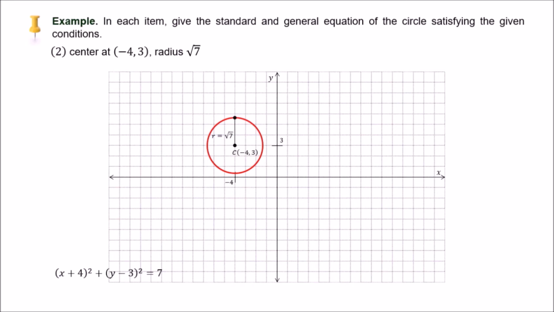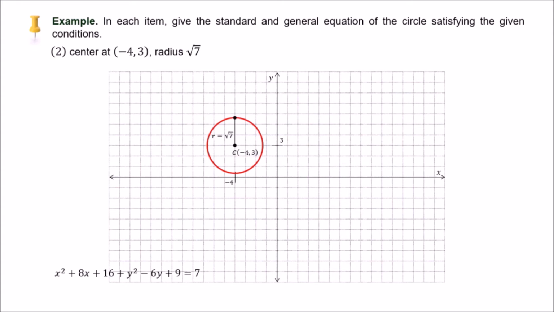Squaring this binomial, x plus 4, we'll have x squared plus 8x plus 16. For the second binomial, (y minus 3) squared, we'll have y squared minus 6y plus 9.